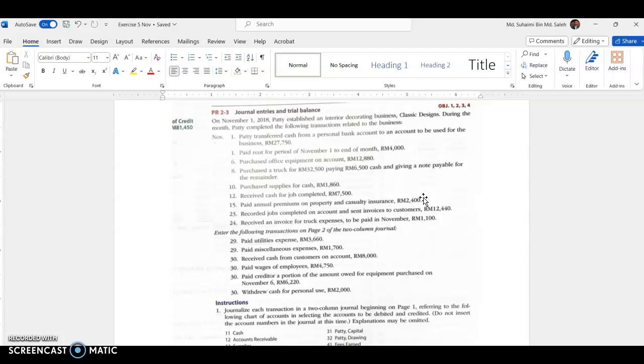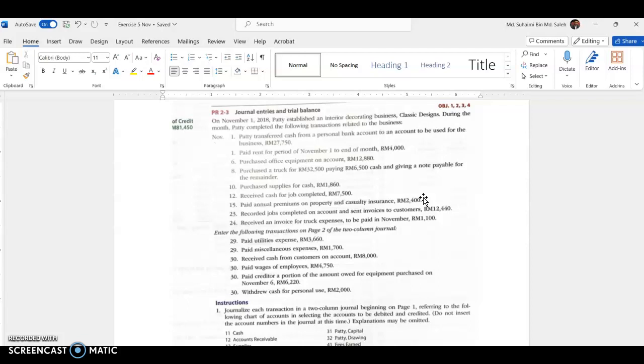So the journal entry is debit truck account, the amount is 32,500. And the other accounts are cash, because we pay cash of 6,500.